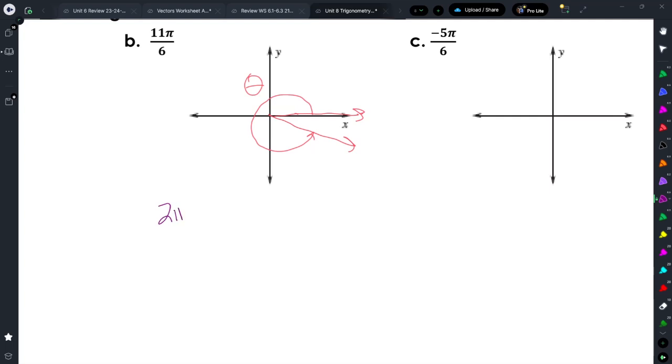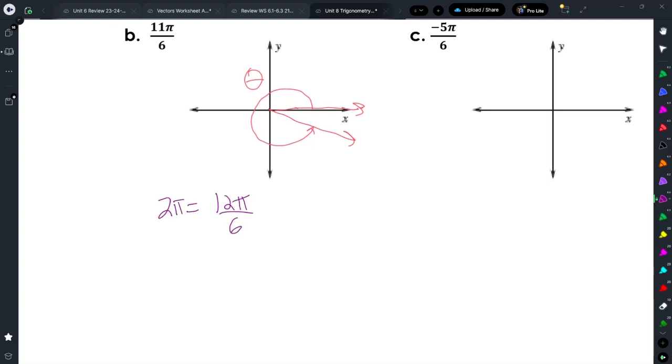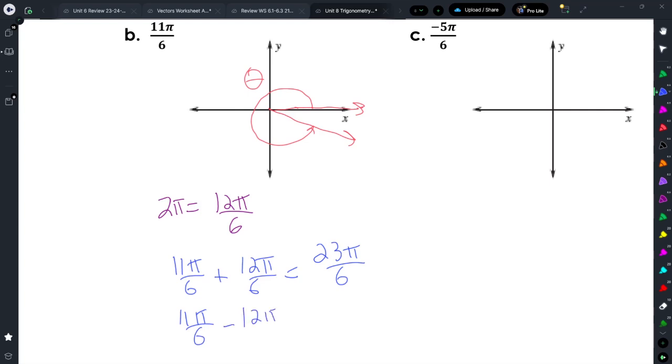Now, 2 pi in this form is 12 pi over 6, because 6 times 2 is 12. So I'm going to take my 11 pi over 6 and add 12 pi over 6. That's 23 pi over 6. And my 11 pi over 6 minus 12 pi over 6, which is negative pi over 6.